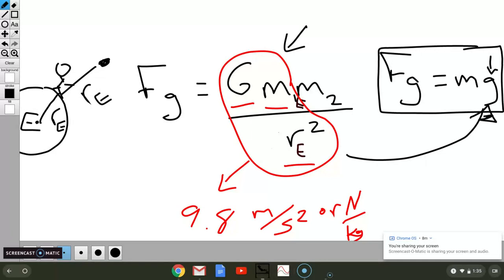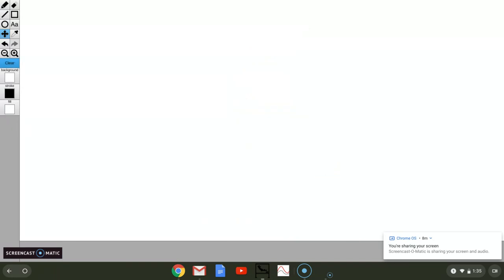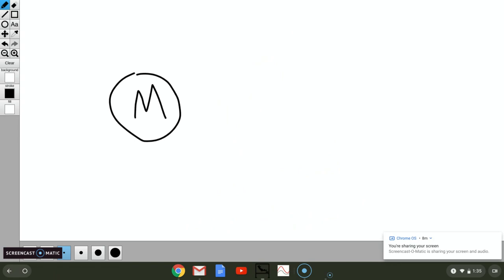Well, little g is the acceleration of gravity or gravitational field strength. So I'm going to clear all this real quick. And so how do we get that? What ends up happening is you have some object that has some mass. We'll say this is Earth, right? It has some mass. It creates what we call a gravitational field. Well, we know gravity is a field force because it doesn't actually have to touch you.